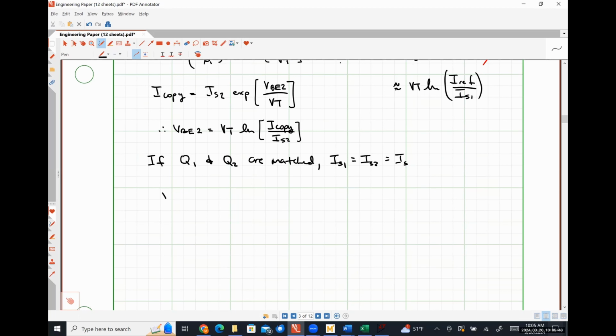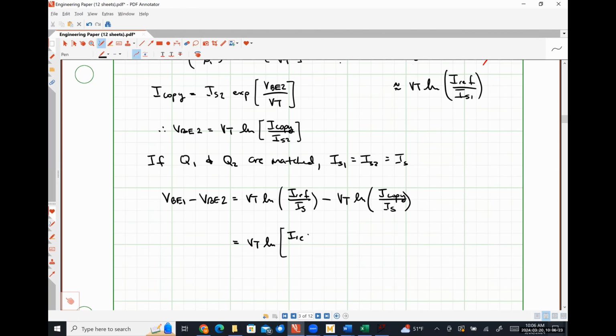That allows us to say that VBE1 minus VBE2 is going to look like VT natural log IREF over IS minus VT natural log of I copy over IS, which will come out to be VT natural log of IREF over I copy.